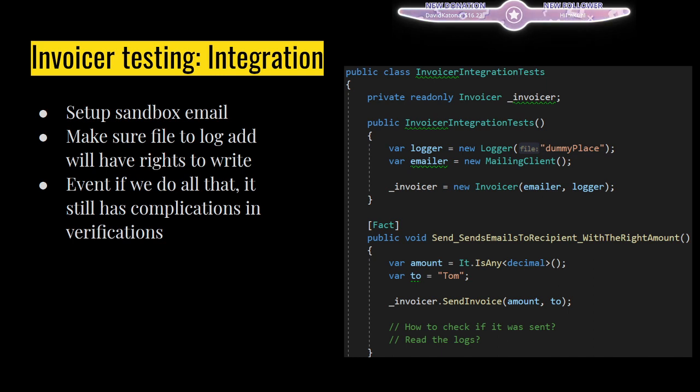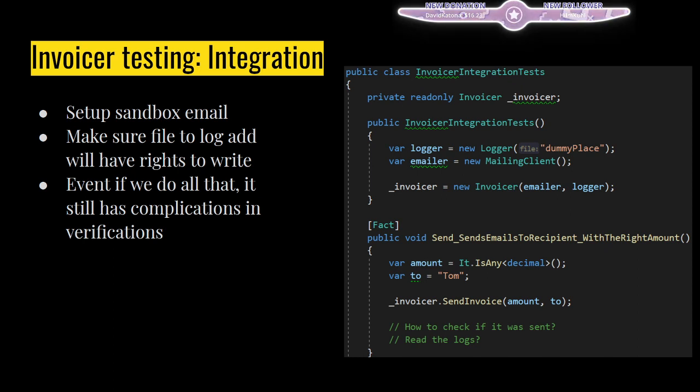Here I also created an emailer which sends an email to some dummy email box. Again, that is doable, but that requires setup beyond just coding. That requires some administration on top of just setting up a fixture. Some sandbox email client, email address that you could send emails to.